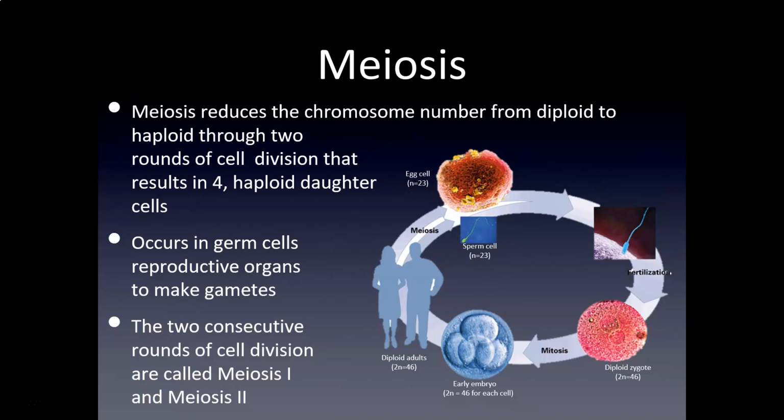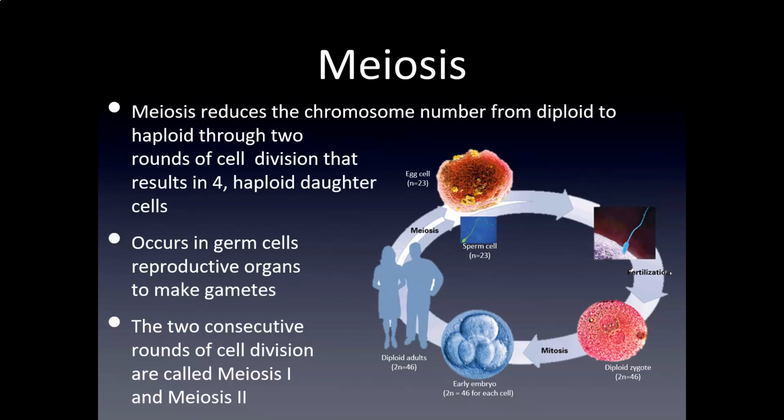We get to meiosis, and now I'm going to take those diploid cells and reduce the chromosome number, right? So I'm going to go from a diploid adult, right, which is what we're seeing here, that 46 chromosomes, and I'm going to go through meiosis now and reduce the chromosome number in half. So that each of those gametes, whether it's the egg or the sperm, depending on if you're male or female, each of those gametes has only half the number.